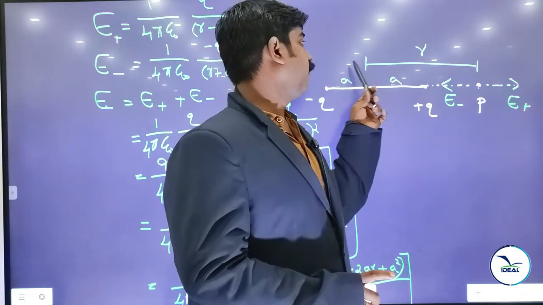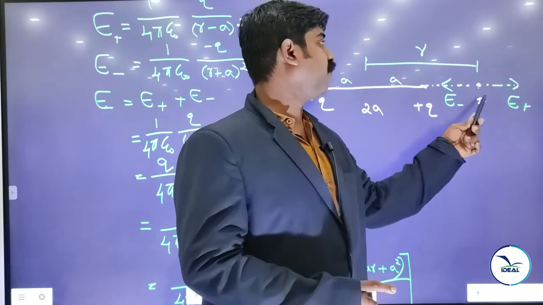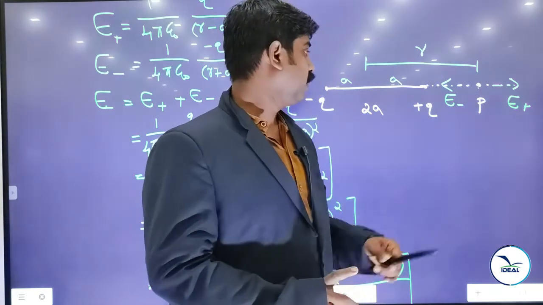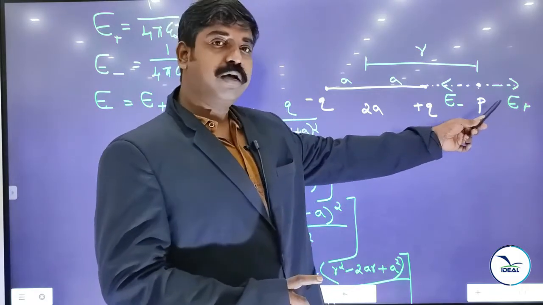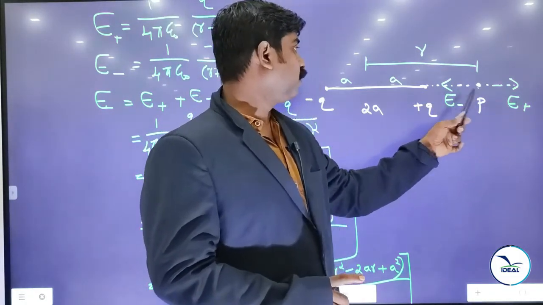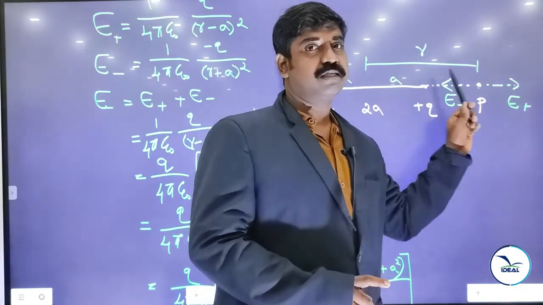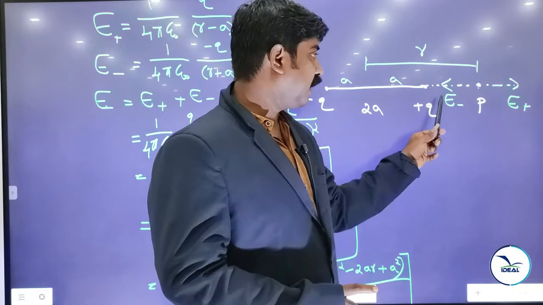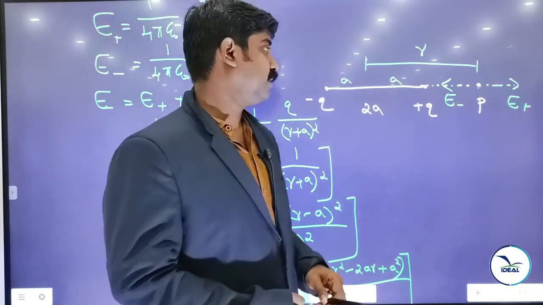And we considered the distance from center of this dipole to this point is r. So, E plus is the electric field due to this positive charge. For the positive charge it is outward direction, and E minus is the electric field due to this negative charge.